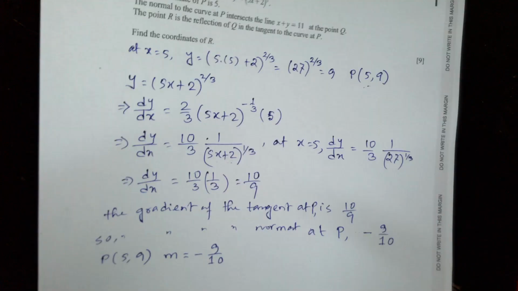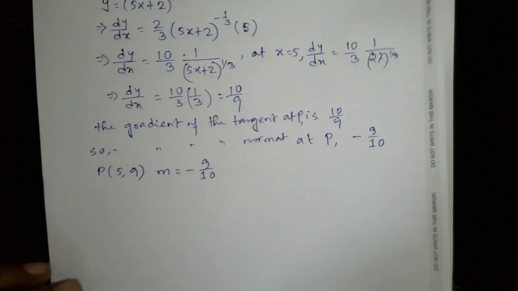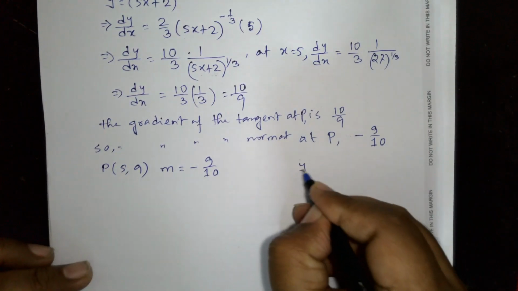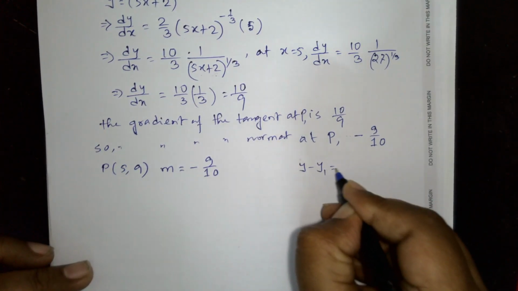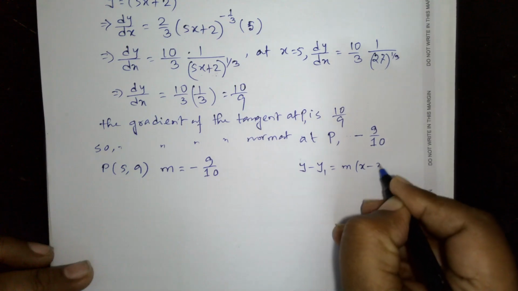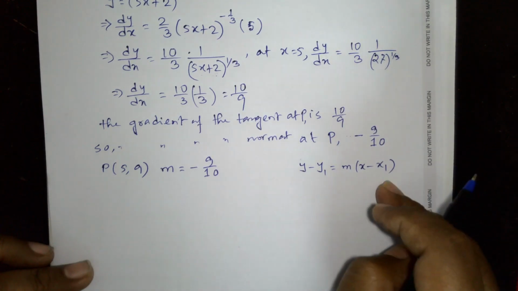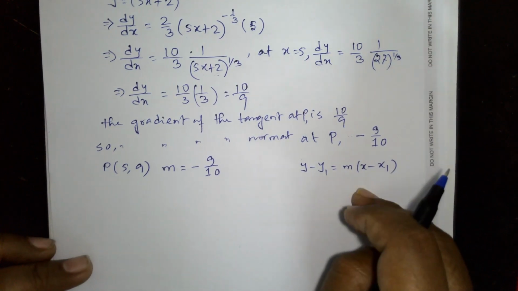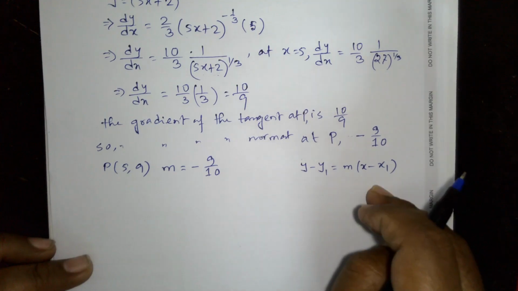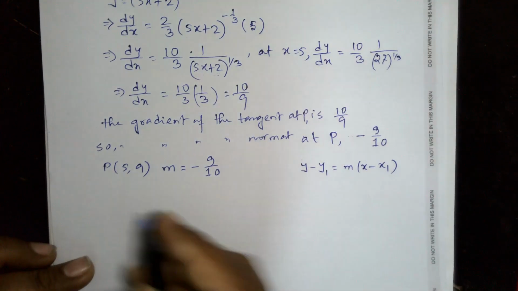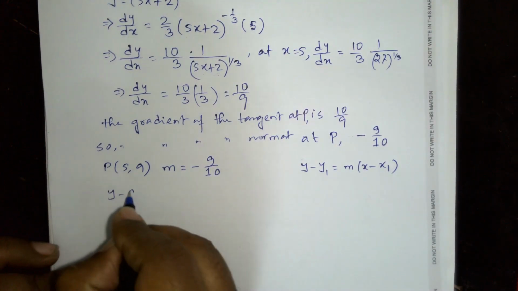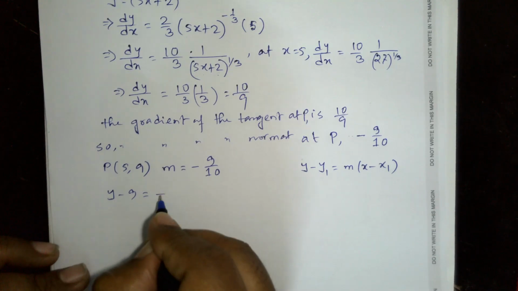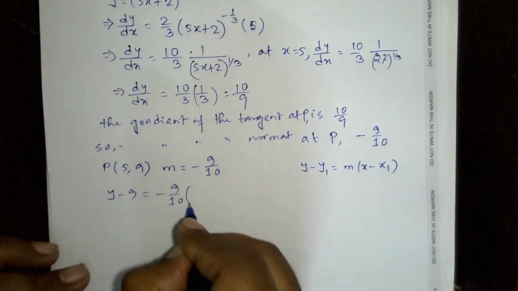Now we have a straight line equation: y minus y1 is equal to m times (x minus x1). So we can use this formula to get the equation of the normal. I can write y minus 9 equals minus 9 over 10 times (x minus 5).